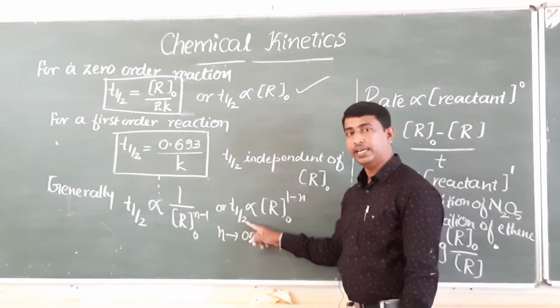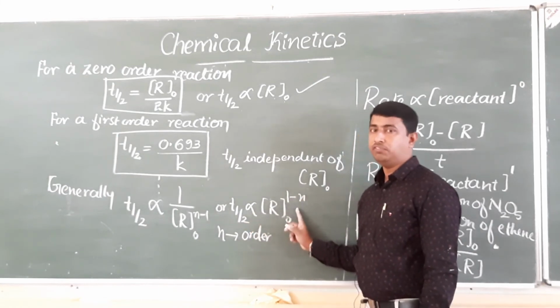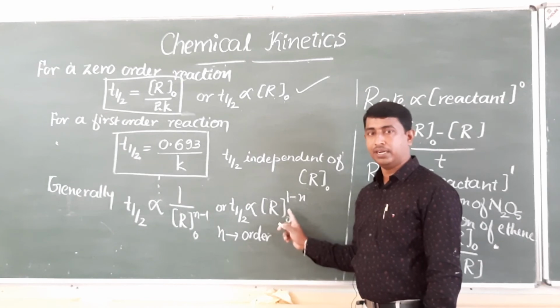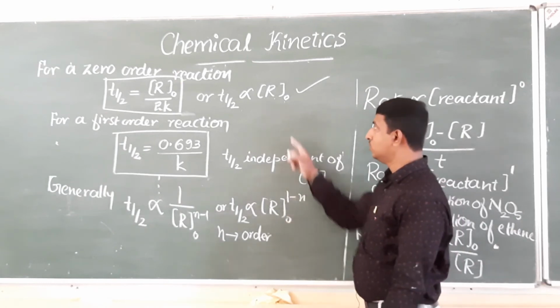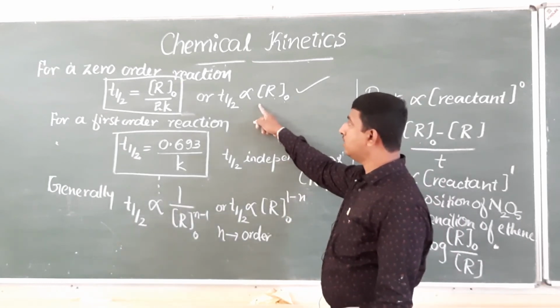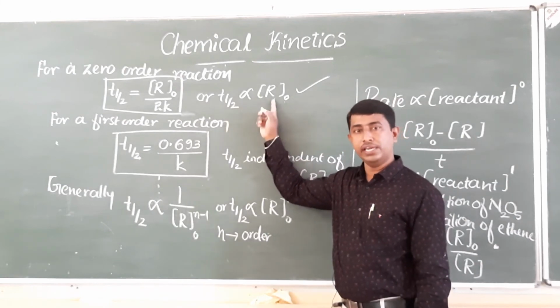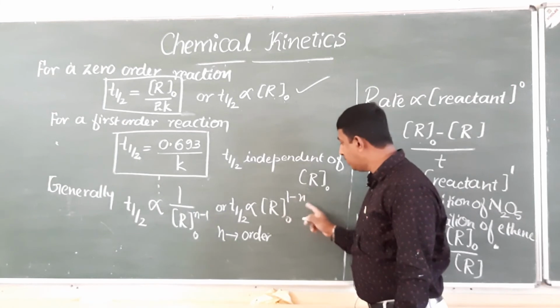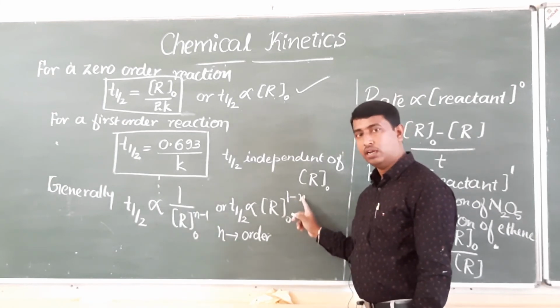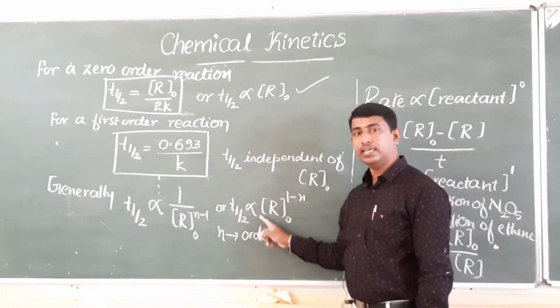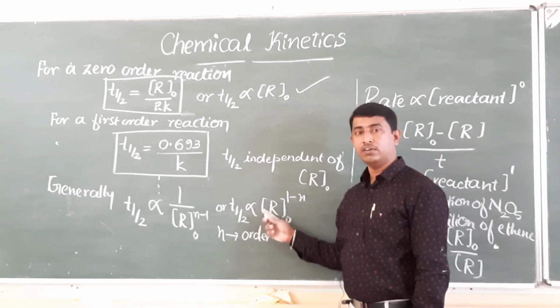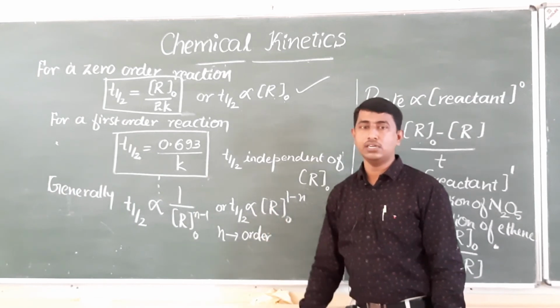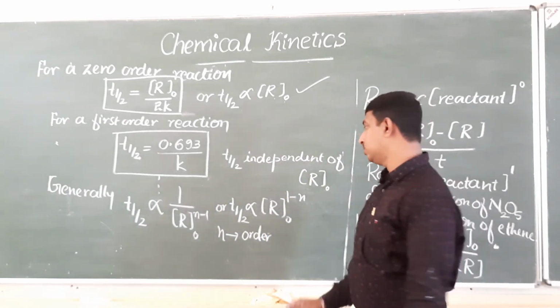So T half is independent of initial concentration. In the case of zero order reaction, it is directly proportional to initial concentration, but for a first order reaction it does not depend upon initial concentration.